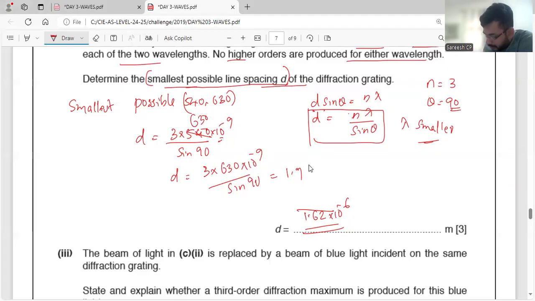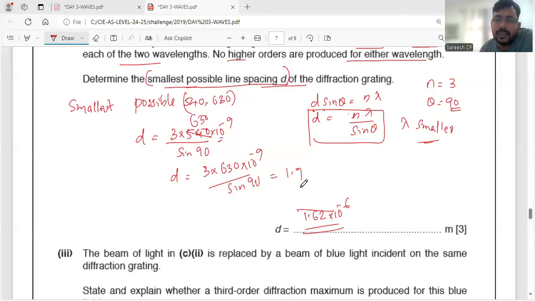Let's see, 3 times 630 times 10 to the power minus 9. So you get 1.89 times 10 to the power minus 6.